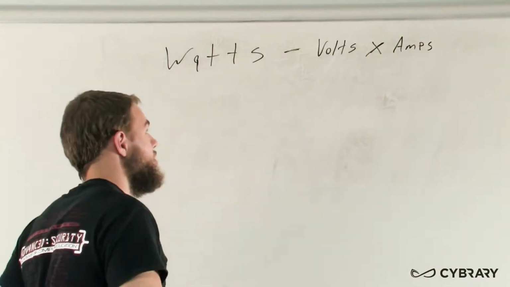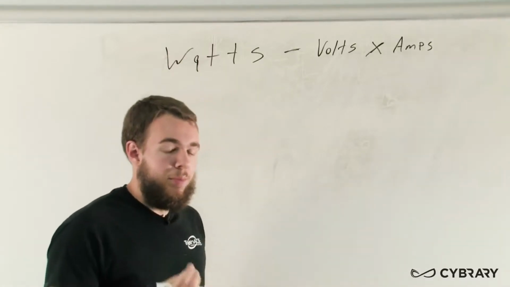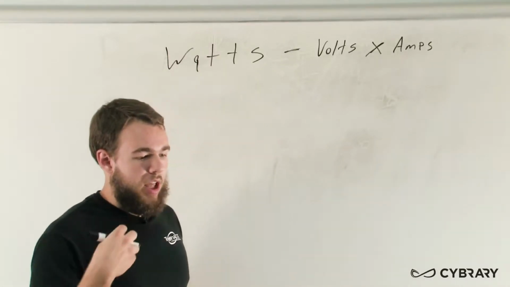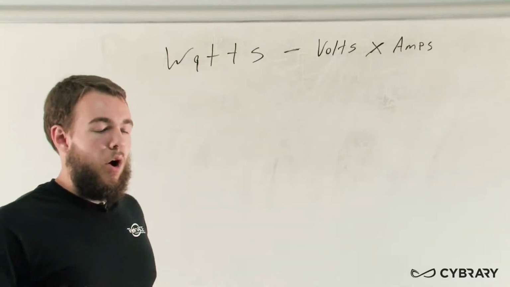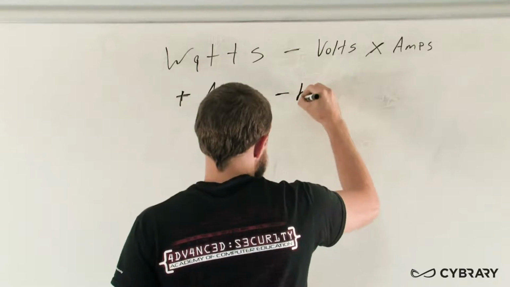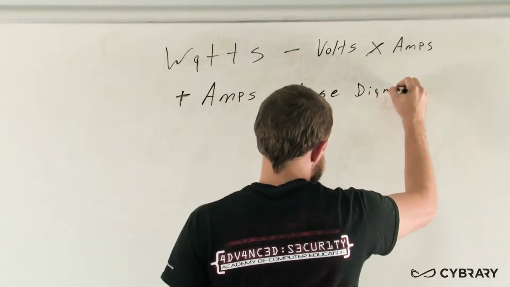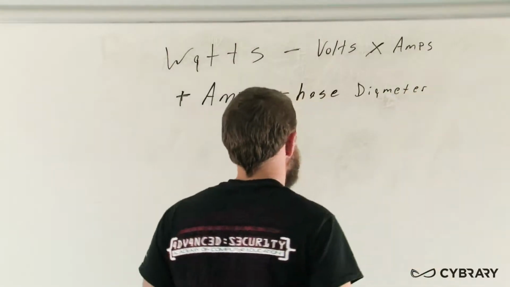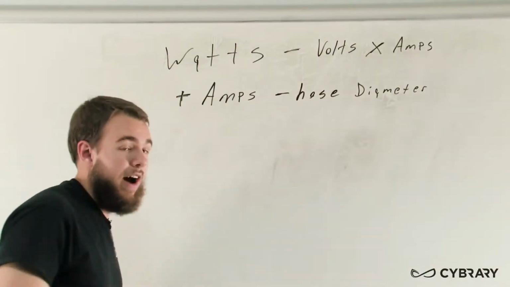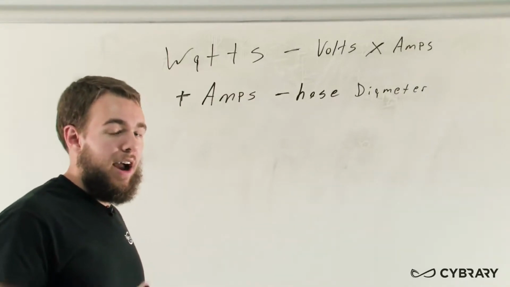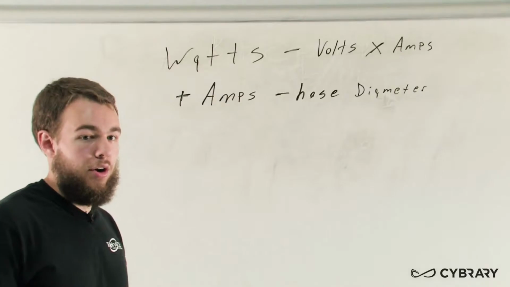So that doesn't help us if we don't really understand what volts or amps do. So let's use a little bit of an illustration. When we're talking about amps, we're really talking about our potential. Using the illustration, say, of a fire hose or a garden hose, our amps would sort of be the diameter of our hose. Think of a garden hose versus an actual fire hose. The diameter on our fire hose is going to be a lot bigger than the diameter on our garden hose.